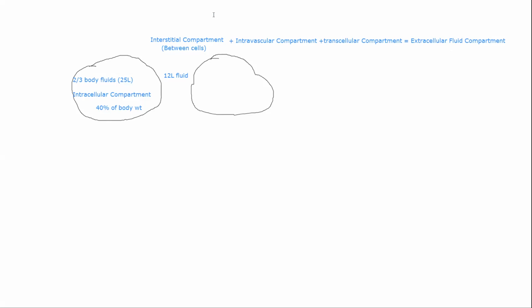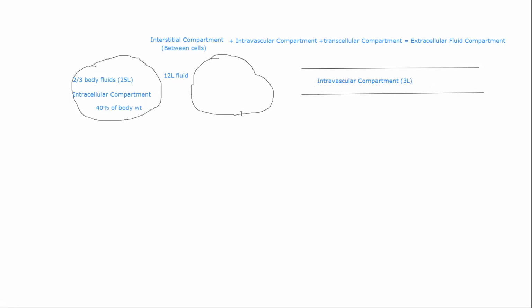So we said that we have an intravascular compartment. We have about 3 liters of fluid in there, 3 liters of plasma. Yes?